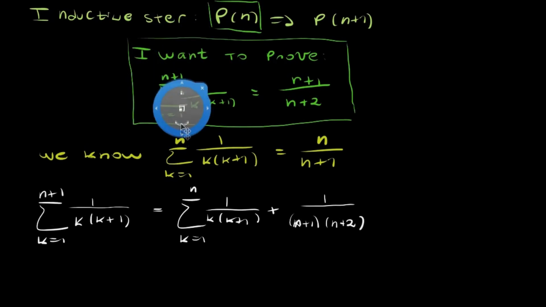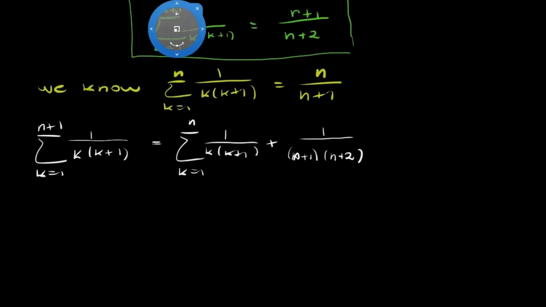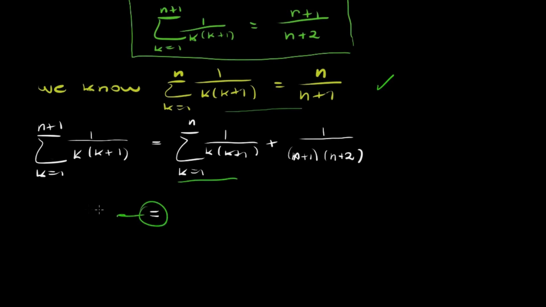Okay, let's see how we can simplify this. Well, what do we know? Again, we always have to use our inductive hypothesis. So I know that this is true. So let's use it. I have the exact same thing here, so I'm gonna use my inductive hypothesis and say that this equals n divided by n plus 1.